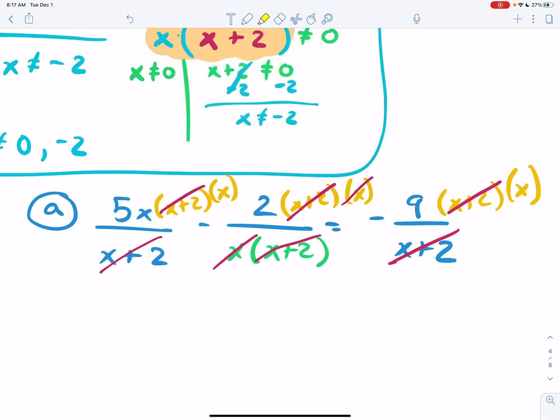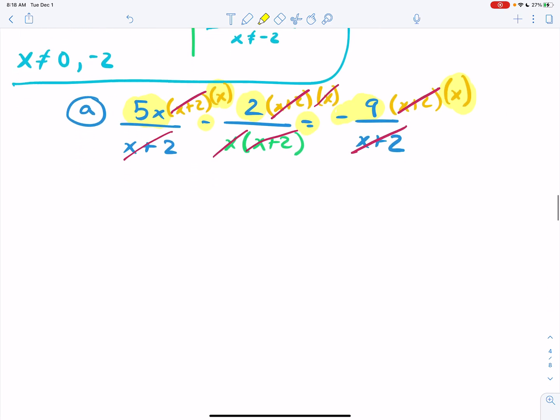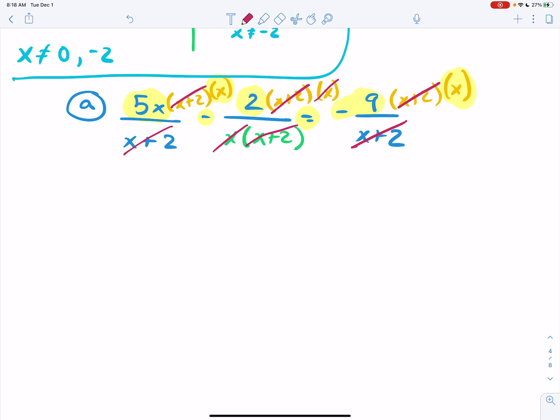Here we go. I'm going to highlight what's left so that we are not lost. We have a 5x times the x minus a 2 equals a -9 times the x. Everything else was crossed out, okay? So I'm going to write this out here.